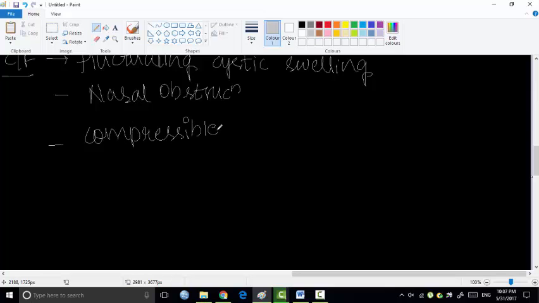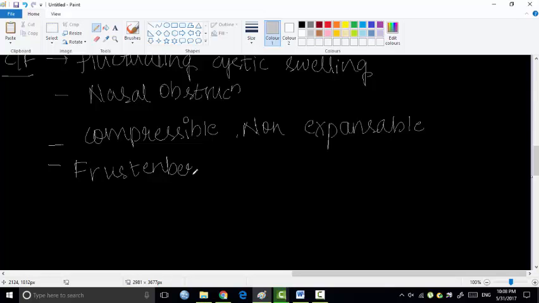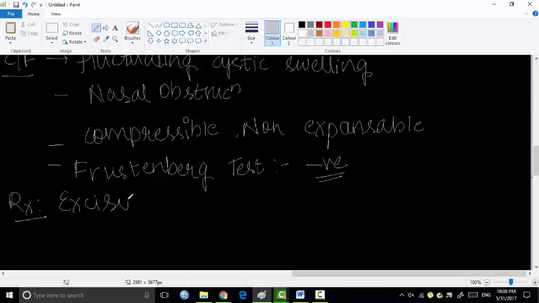It is compressible and non-expansile, right? And the Furstenberg test, which is seeing impulse on coughing, that is whether there is increase in size on coughing or not, is negative in case of dermoid cyst. It is only positive in case of meningoencephalocele. So what is the treatment of this dermoid? It's simple, excision of the cyst, right? We have to excise it.